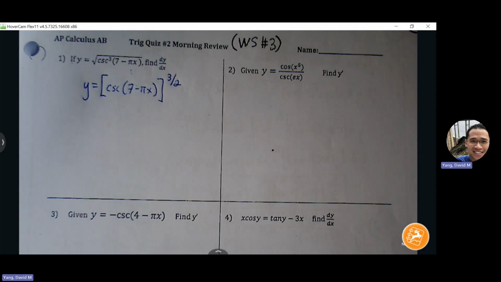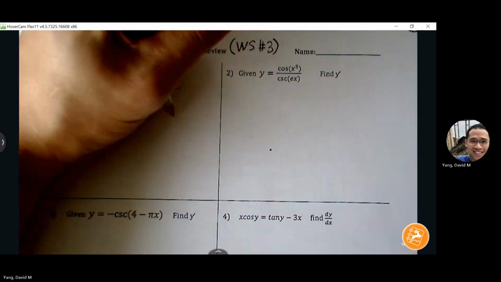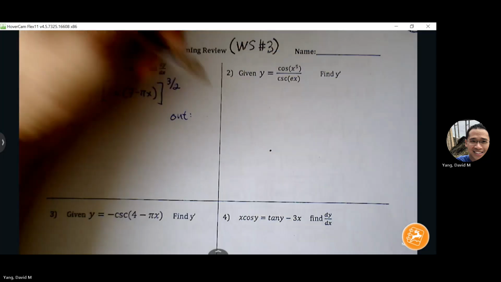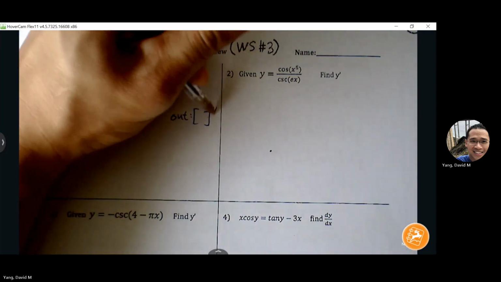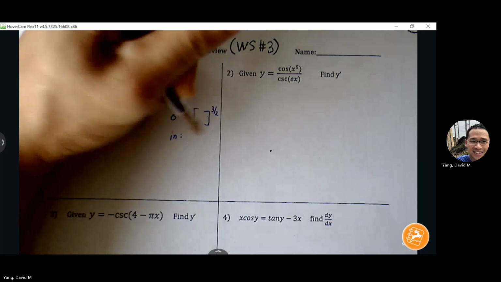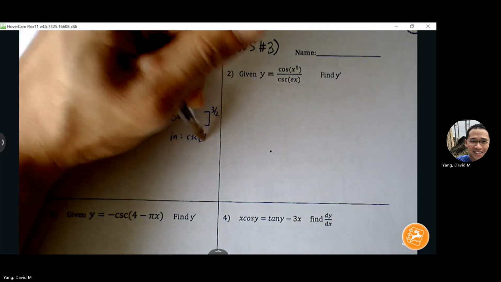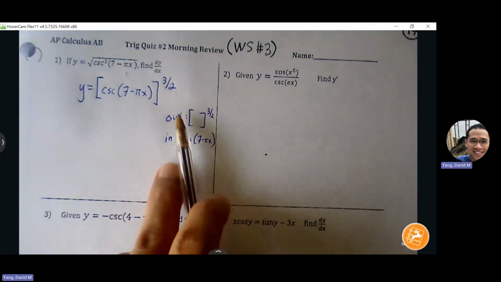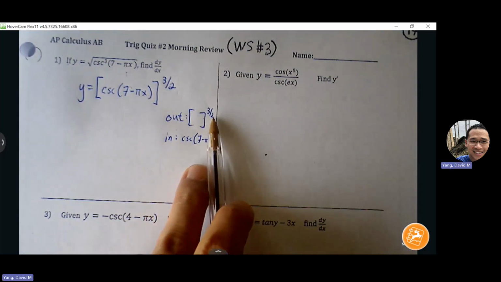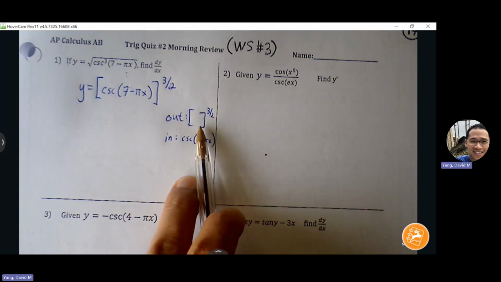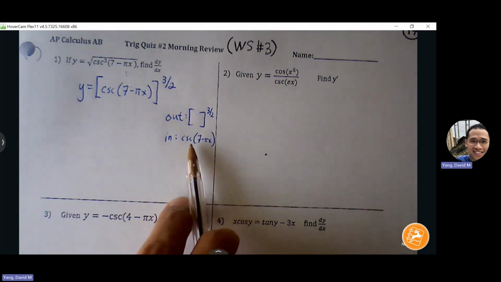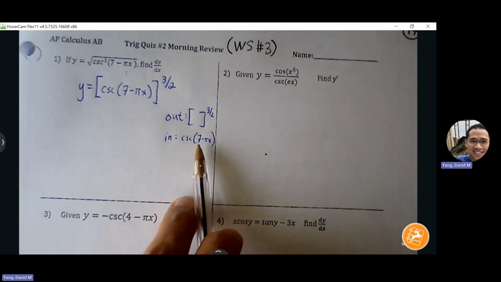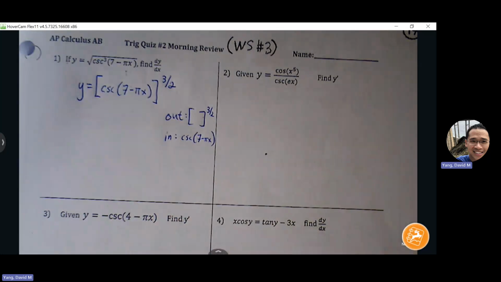So 7 minus pi x will just be negative pi. Outside's derivative, we go through power rule, 3/2 parentheses to the 1/2. Keep the inside intact. Multiply it by the inside's derivative. Cosecant u becomes negative cosecant u cotangent u times u prime.